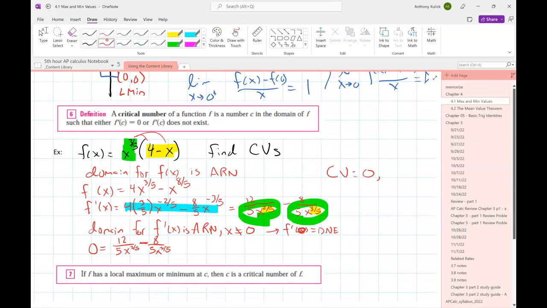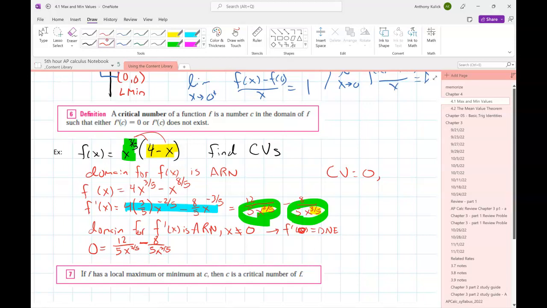So what I'm going to do is factor this now. To solve this and set it equal to 0, I need it in a factored form. Let's put it that way.